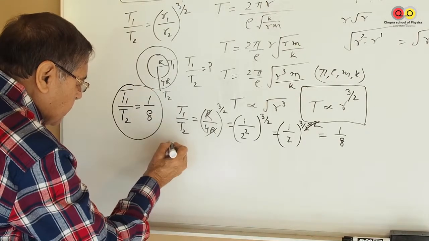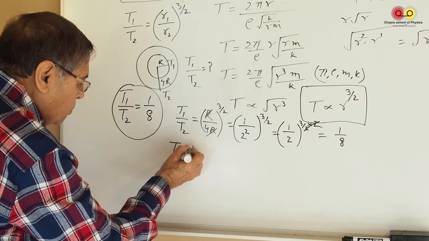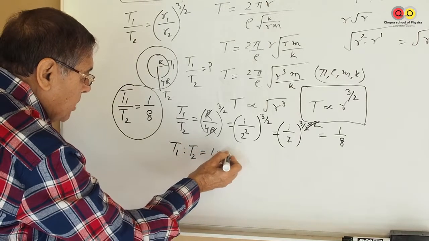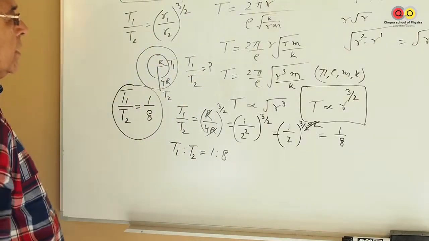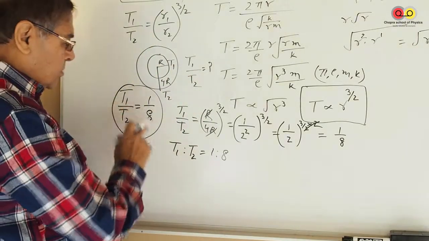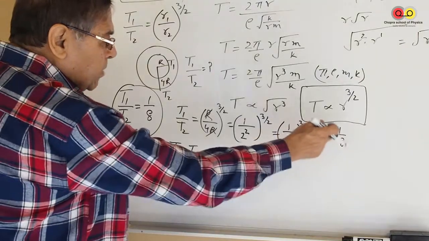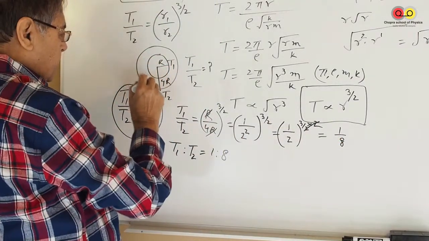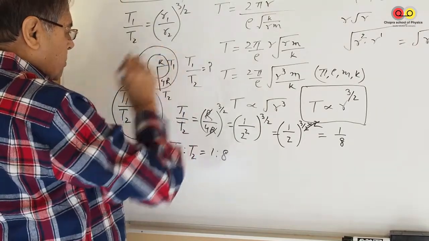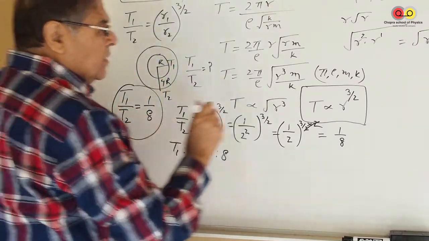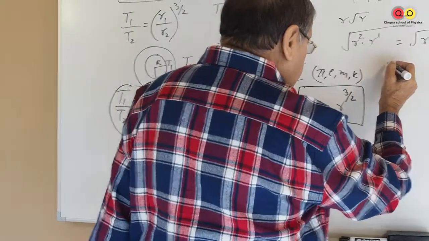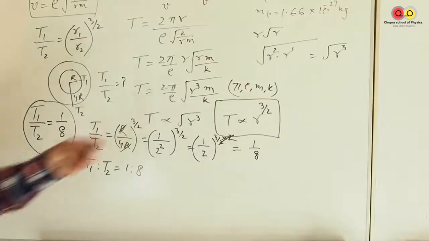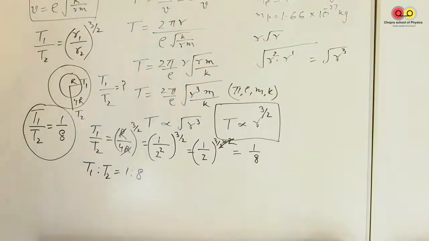We can say the ratio T1 is to T2 will be 1 is to 8. It means that when we say T1 is to T2 is 1 by 8, for the inner electron and the outer electron, we find the relation we wrote earlier, that T is directly proportional to R. If R is more, the time taken will be more.